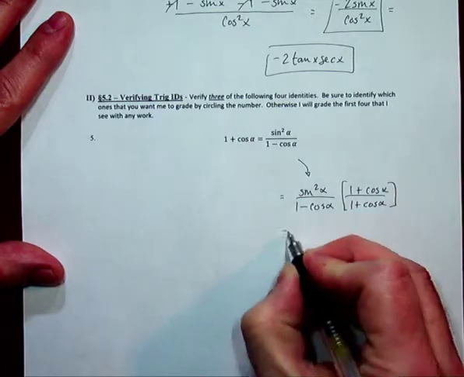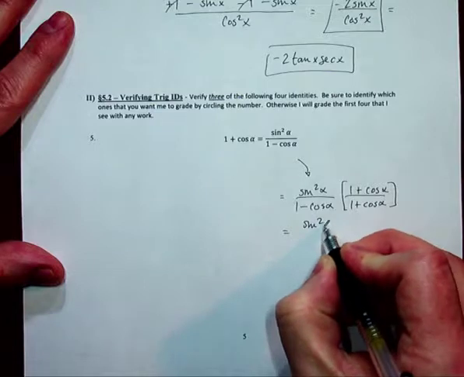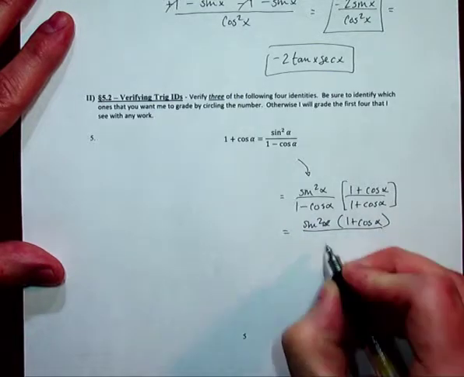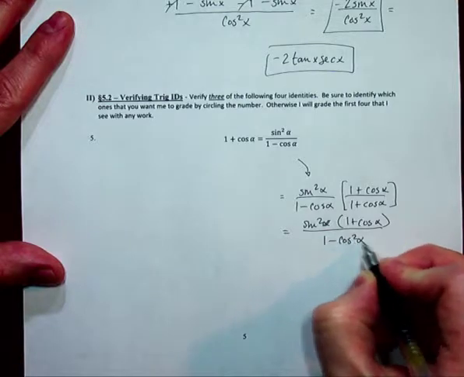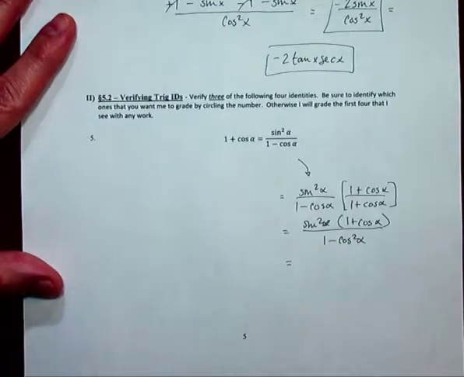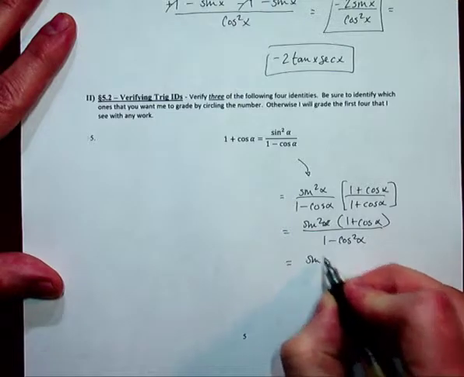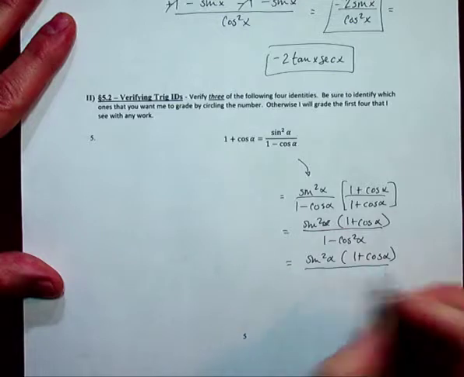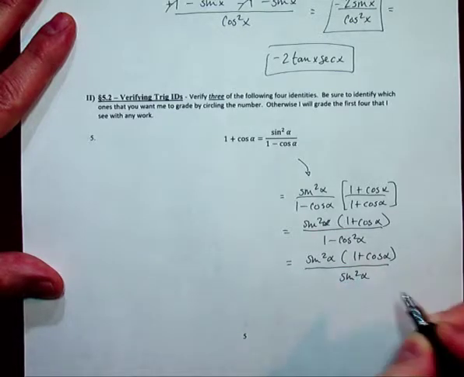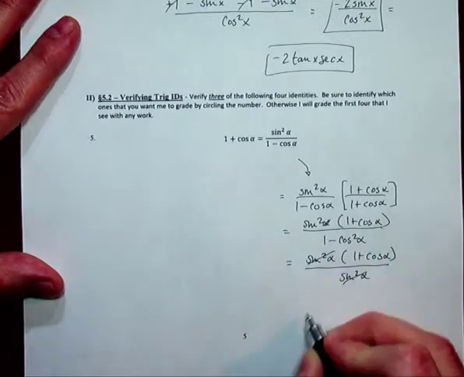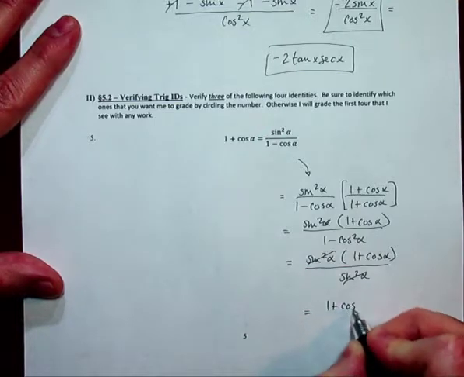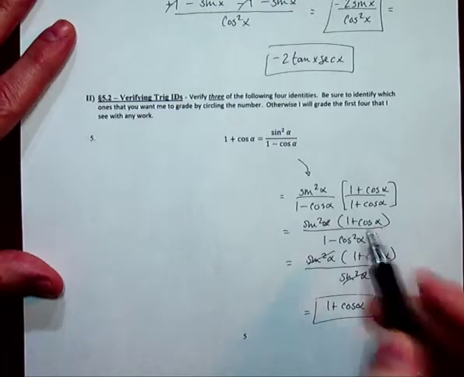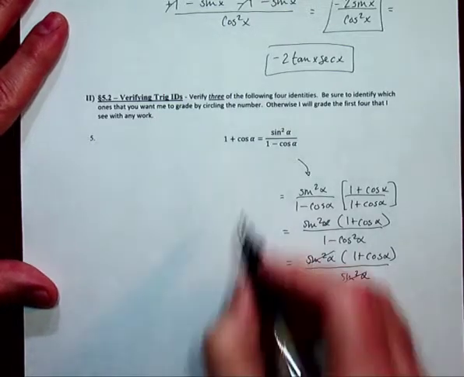And the whole purpose of doing this is to get to a denominator that is 1 minus cosine squared alpha. Because the moment that you have 1 minus cosine squared alpha, you know that changes by Pythagorean into sine squared alpha. Well, if that's the case, then it was unnecessary to introduce yet another factor into the numerator and denominator.